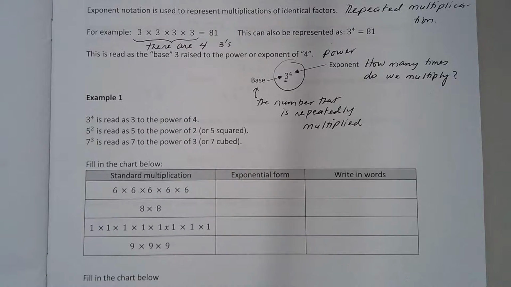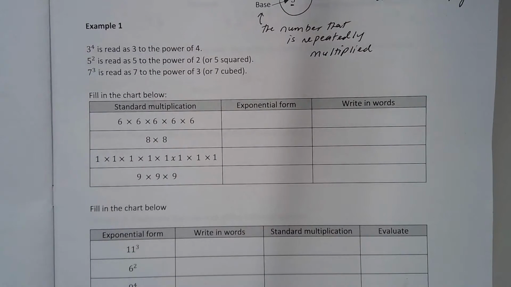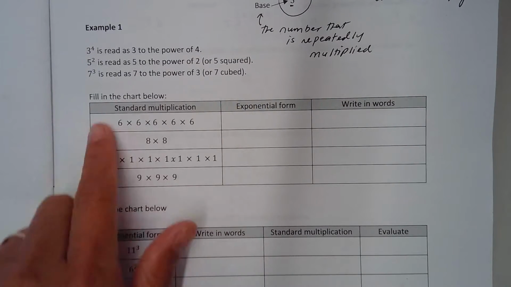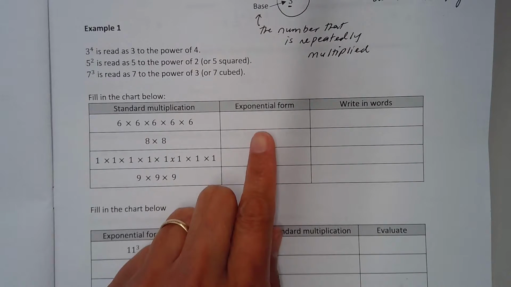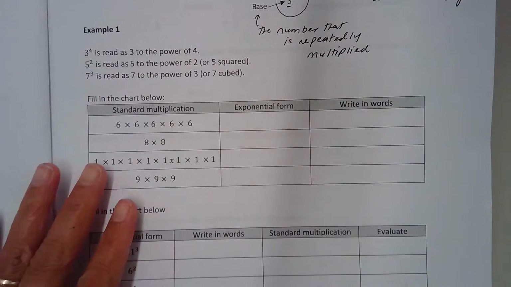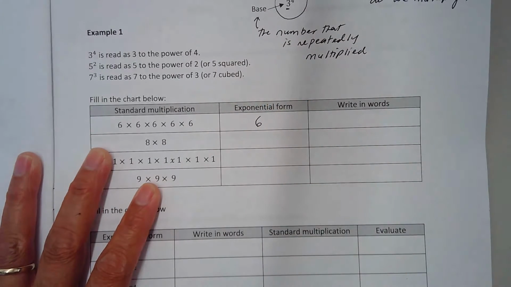So looking at this, the main purpose is for us to understand what this exponent does. So when we have a standard multiplication, what would this be in exponential form or in power form? 6 is what we're repeatedly multiplying, and then the exponent tells us how many we have to multiply.